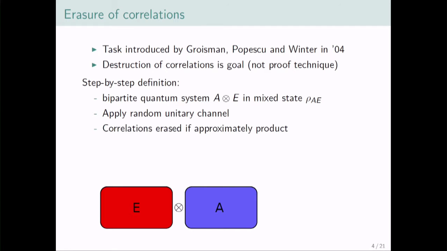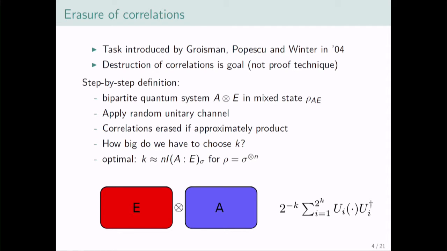And then we hope that afterwards the system ends up in a product state. Of course, the question again is how big do we have to choose k here to achieve this task?